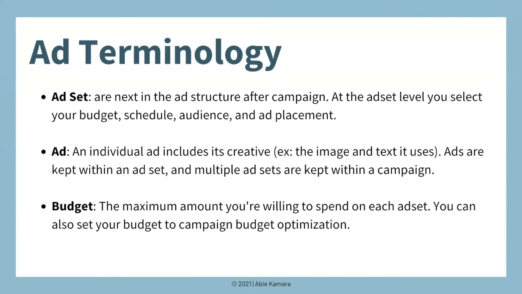But when you have it at the ad set level, then your budget will be specific to that ad set. And I'm a visual person, so I do have a diagram later that I will show you of how that's broken up. But that's pretty much how your budget goes. You can either have it at the ad set level, or you can have it optimized for the entire campaign.